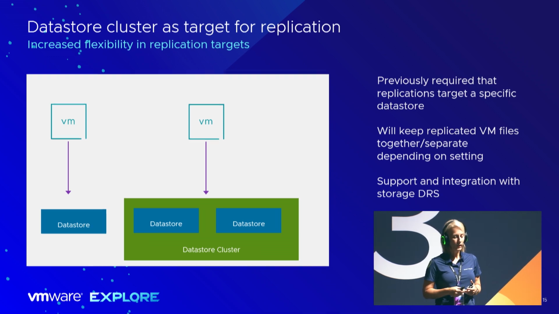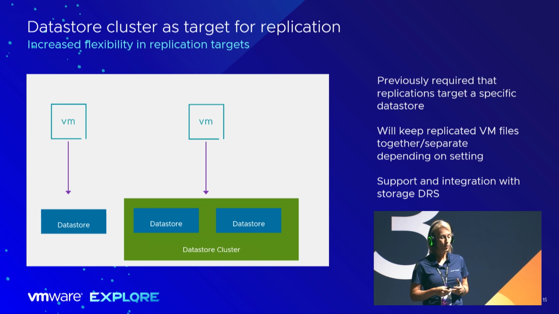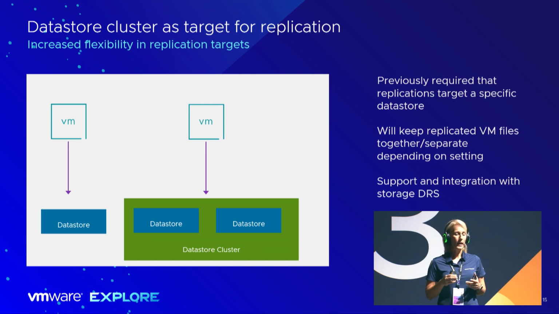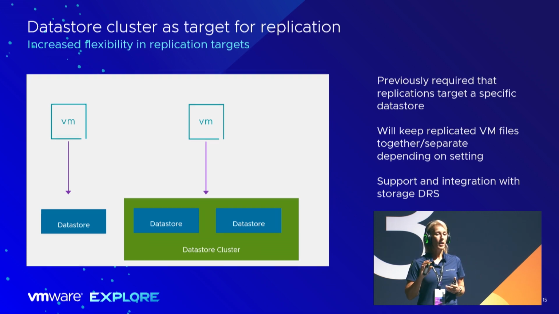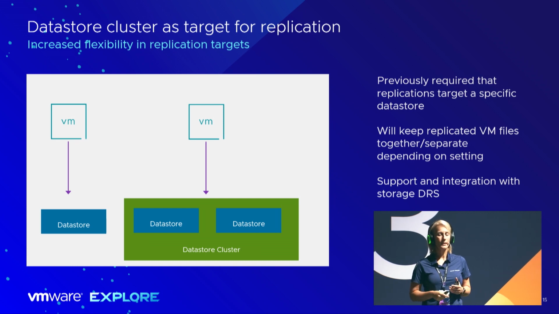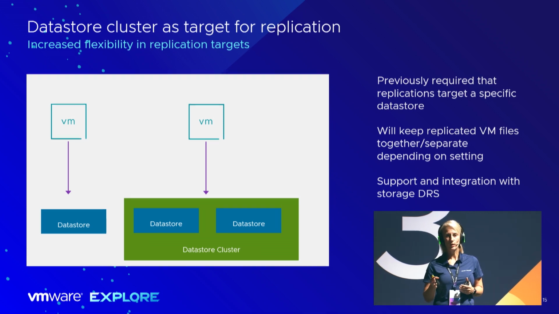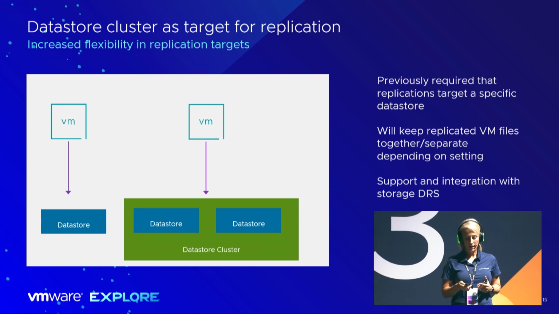We're actually bringing a datastore cluster that can be used for replication. And if you're using DRS, which everybody is using DRS, vSphere replication does support DRS. So actually DRS dictates where the VMs stay, if they're together or apart. So a lot of great integration with vSphere replication and DRS.